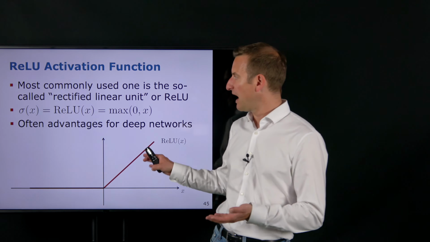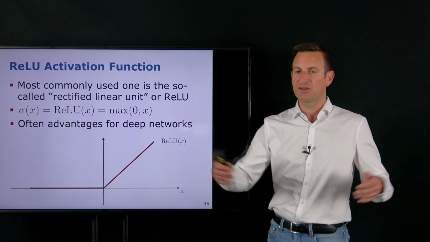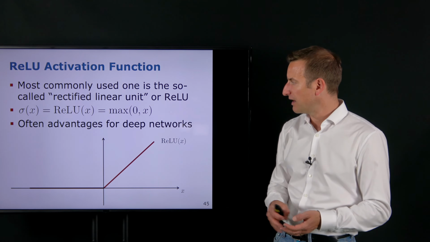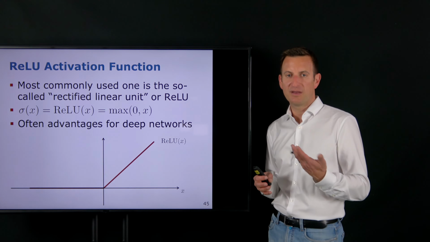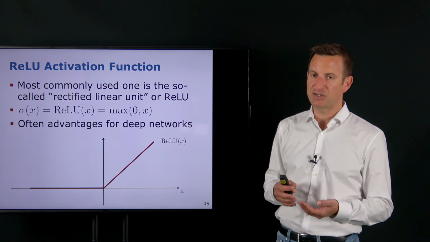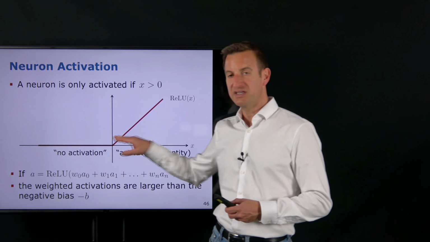And this has some advantages, especially for very deep networks, where you have a lot of layers stacked on each other. So this is a function that you also frequently find in those kinds of larger networks. In this case, we basically have no activation on that side.